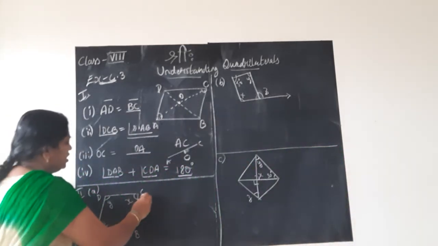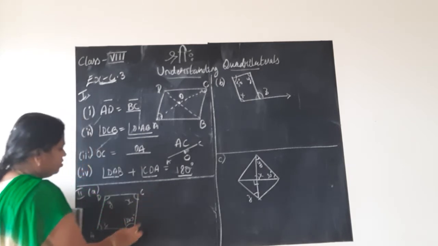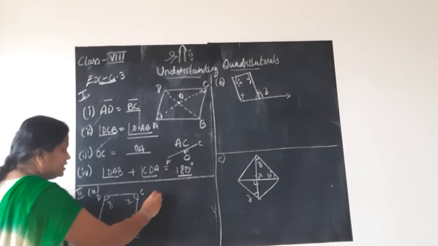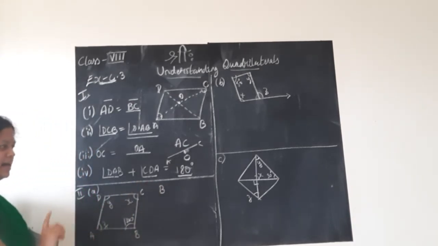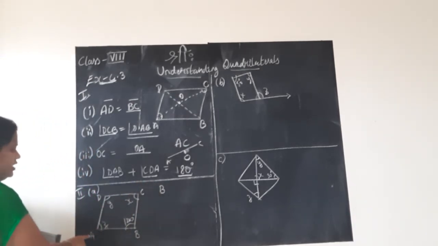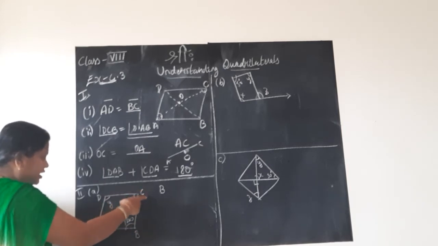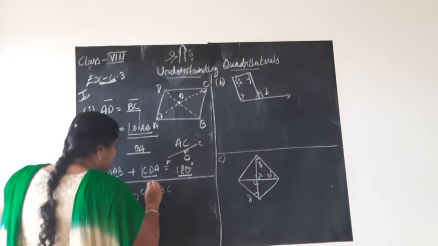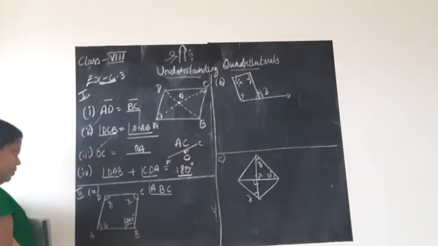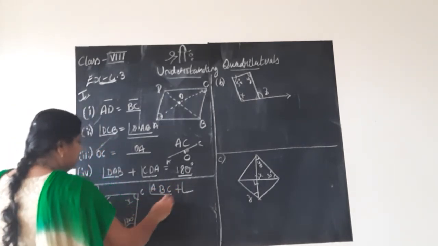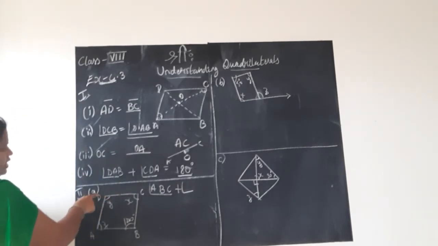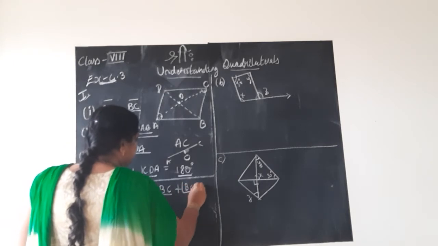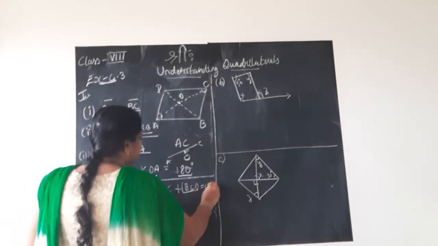So what I can write is, I want angle B, which can be written as either angle ABC or angle CBA. But we will go in order. So angle ABC. So I got angle B plus angle C, which I can write as angle BCD, is equal to 180 degree.